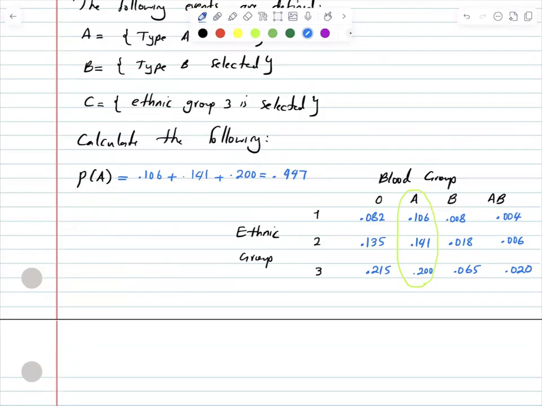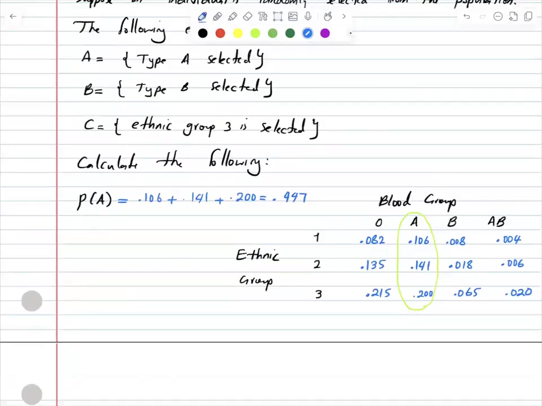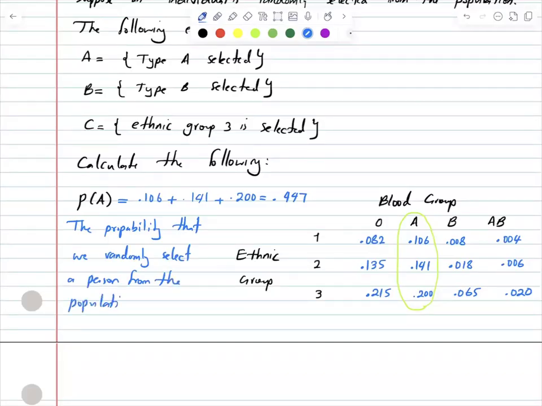So this is the probability that you randomly select a person from the population and their blood type is A. That's the meaning of this. The probability that we randomly select a person from the population and their blood type is A is 44.7%.